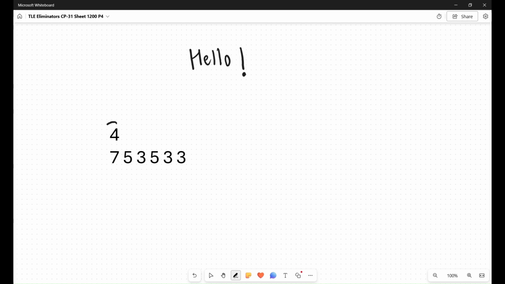So I have to ensure that my array A will have 4 elements, right? So by seeing here, the frequency of 3 is 3, 5 is 2, and 7 is 1. So this is the element and this is the frequency.